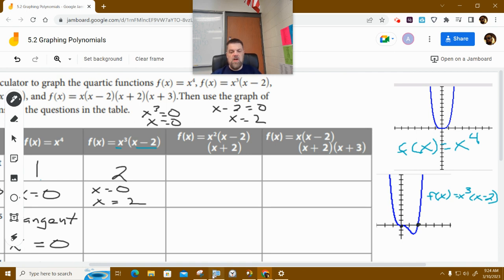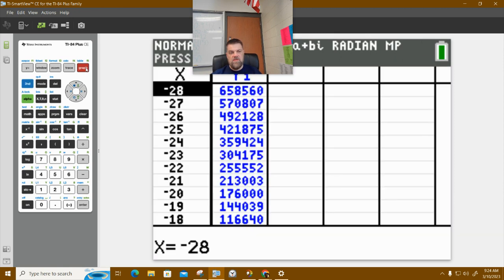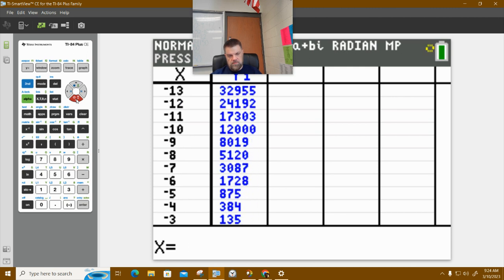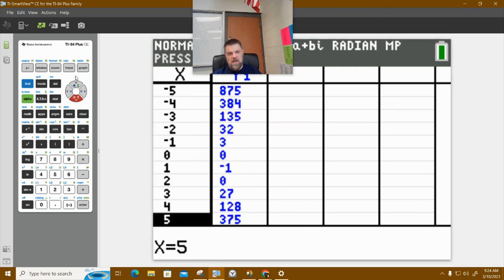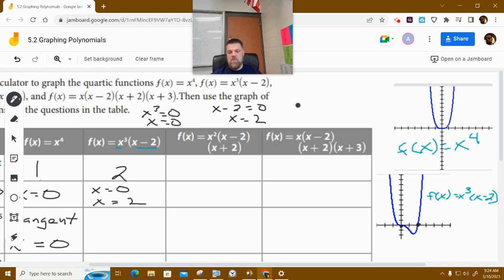You could verify that on the calculator just by going to the table of values. I've got to scroll down now. See? y equals 0 when x equals 0, and y equals 0 when x equals 2. Now, what's interesting is technically this is x to the first power, so it will cross in both places. Remember that it crosses when the distinct factors have odd powers.